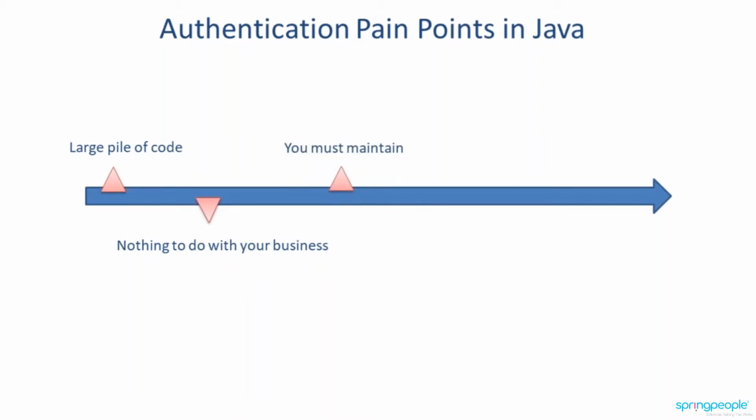And if you write it in Java, you must maintain this security code. You should also not forget to encrypt and decrypt the passwords so they are not stolen easily. So you have different encryption and decryption logic to be handled. And then we have to add the tokens.